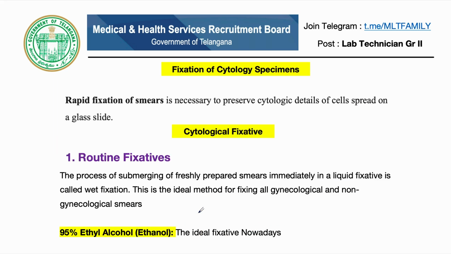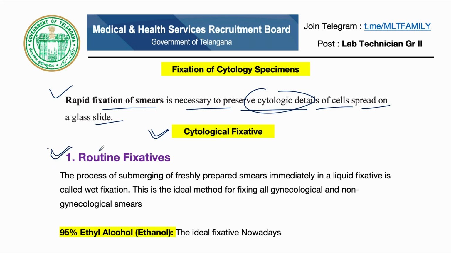Let's discuss in more detail the fixation of cytology specimens. Rapid fixation of the smear is necessary to preserve the cytological details of cells spread on the glass slide. We will discuss certain cytological fixatives here, first those used in routine labs. The process of submerging a freshly prepared smear immediately into liquid fixative is called wet fixation.